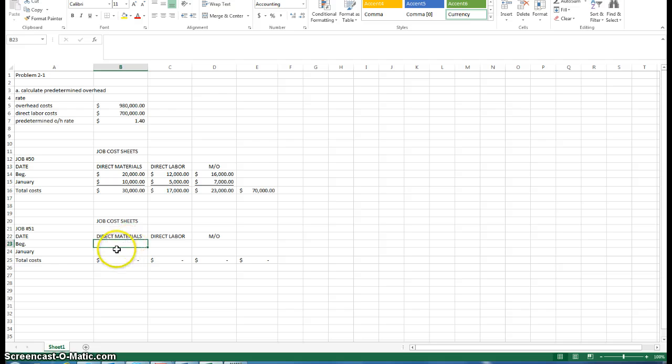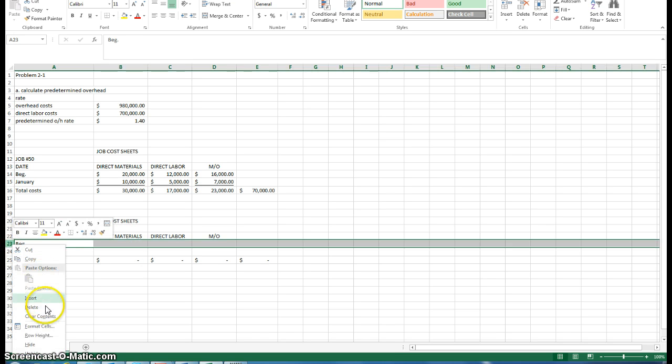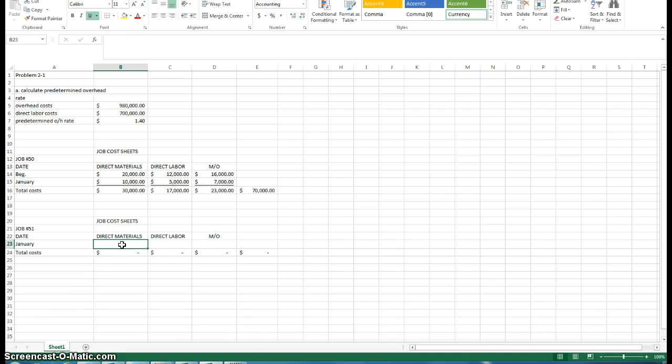So if we put in here 39,000, 25,000 in direct labor, we know that our manufacturing overhead is going to be a result of our direct labor times, again, our predetermined overhead rate of 140%, or 35,000.